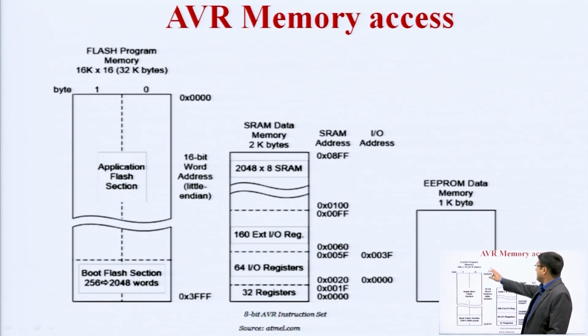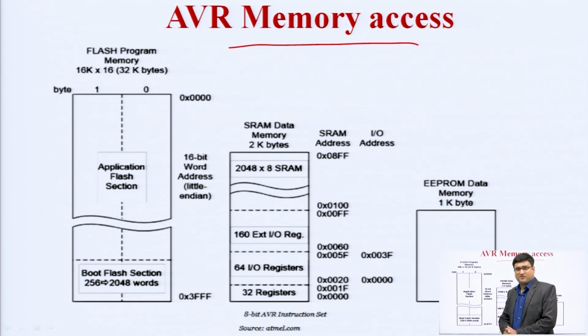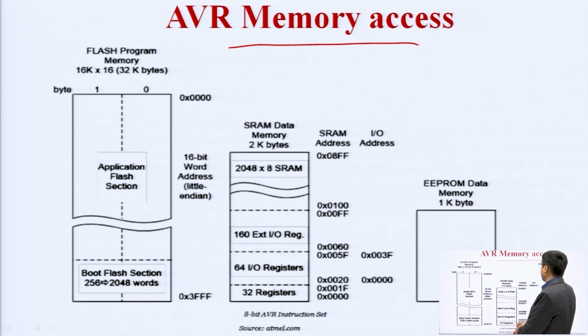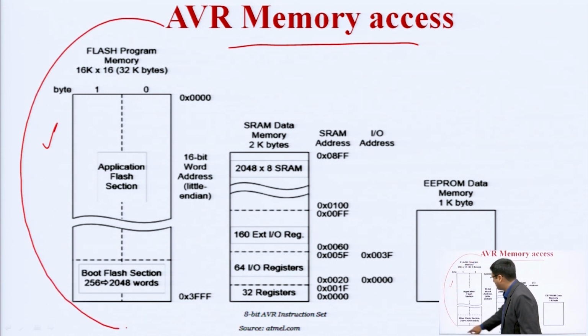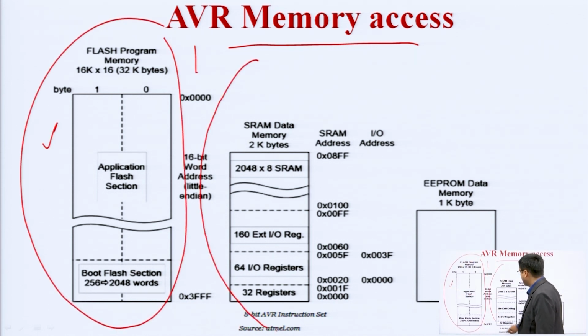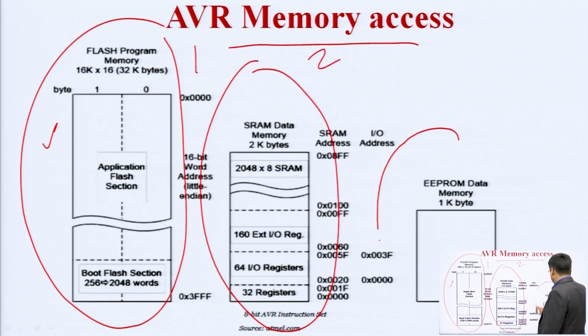Now the next topic is AVR memory access. What is the meaning of AVR memory access? Basically in this topic we will learn the memory allocation in our AVR microcontroller. So here you are seeing 3 blocks. This one is the first block, this one is the second, and this one is the third block.